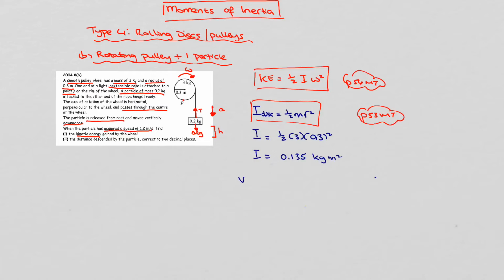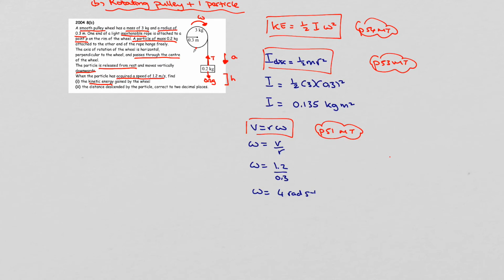So we know that v is equal to r omega, and therefore omega is going to be equal to v over r, and v is 1.2 and r is 0.3, and therefore that gives me an angular velocity of 4 rads per second. That's page 51 in your tables. So now we have I and we have omega, we can now get our kinetic energy.